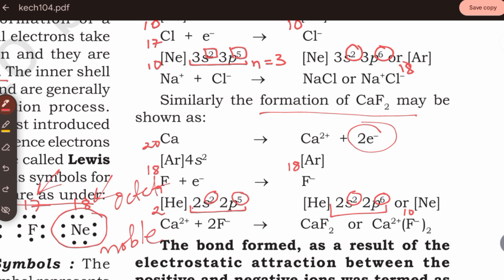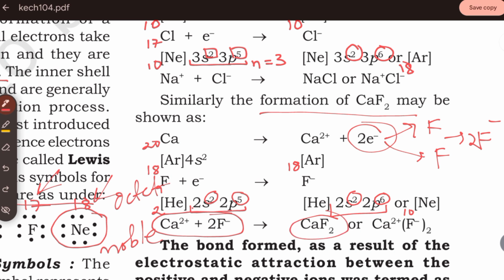So fluorine has a tendency to form F minus, calcium has a tendency to form Ca2+, but this calcium can donate 2 electrons to 2 fluorine atoms in order to form what? Twice F minus configuration. So Ca2+ plus twice F minus will form CaF2.